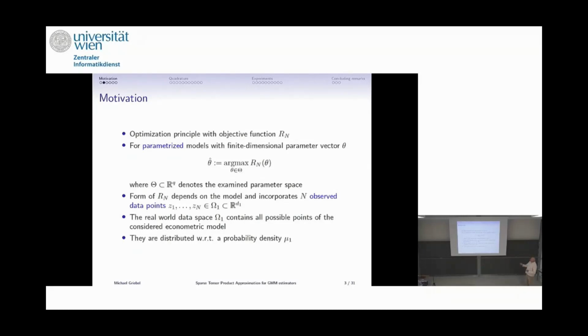The form of this specific objective function S can be strange and unclear, but it depends on the model, of course, and incorporates n observed data points, call them C_1 to C_n. They are out of a domain Omega_1, and these data points live in R^D1, okay? This real-world data space, Omega_1, contains now all possible points of the considered economic model and they are distributed with a probability density mu_1.